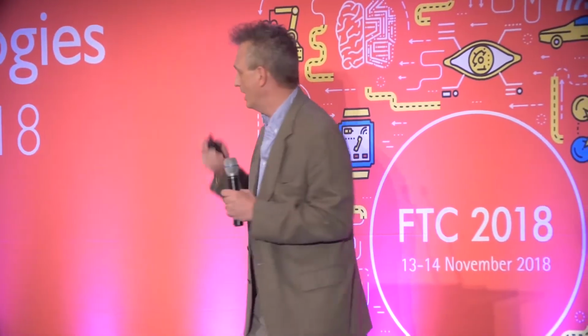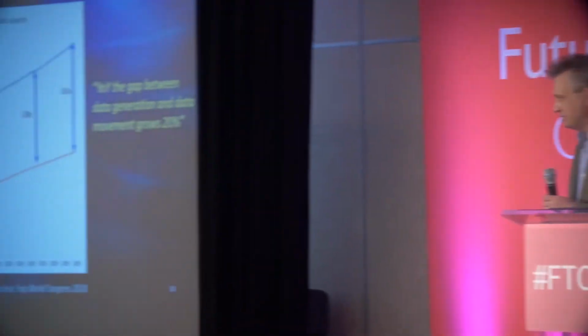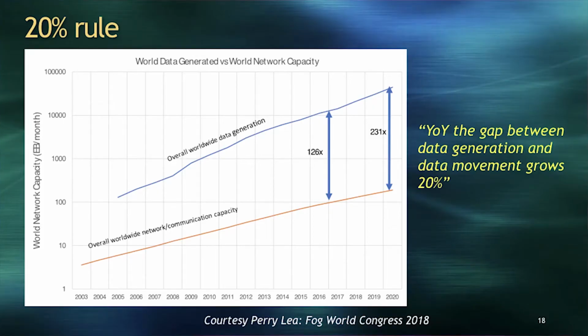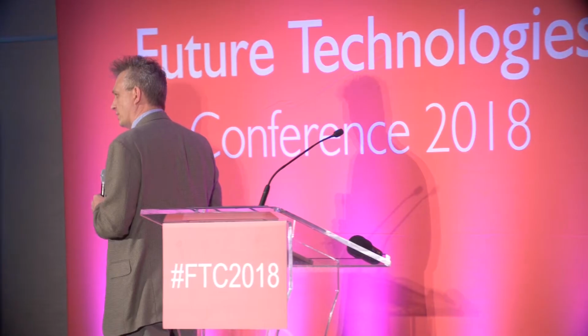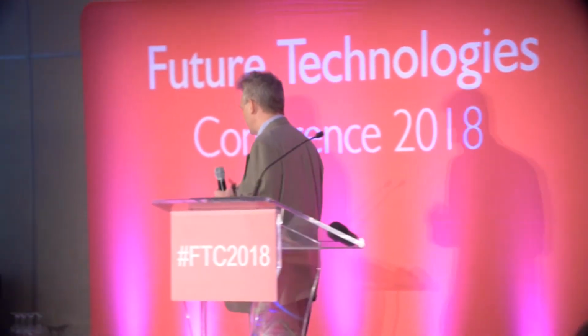There was some research I did earlier last year looking at how much data we are actually generating versus how much data we can actually move. This is the data generation, data movement problem. I looked at about 100, maybe 120 different data sources, everything from analog information back to the 1970s to digital information from a number of sources.